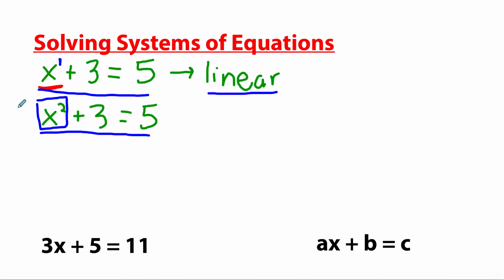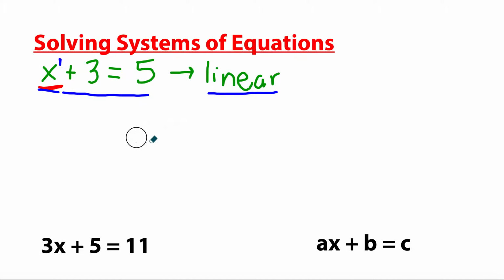So this would not be a linear equation, because the highest ordered term, the variable, is raised to a power higher than 1. So this is not linear. I'm going to erase that. So that's a short definition of what a linear equation is.